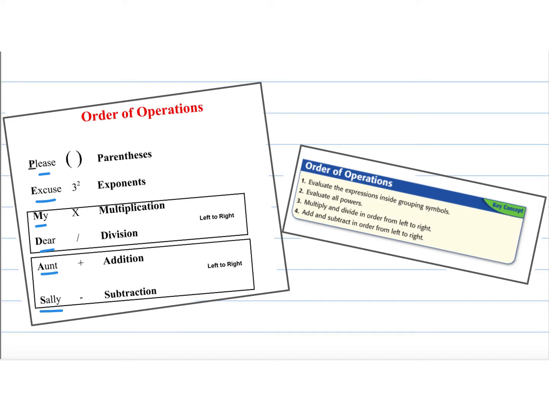Think about how you read a book, left to right. We would solve these working left to right, whichever shows up first. And then addition and subtraction, same thing, working left to right, whichever shows up first. So again, in this box: evaluate the expressions inside the grouping symbols first, then the powers, multiply and divide, and then add and subtract. This is what we're going to use anytime we have more than one operation in a problem.